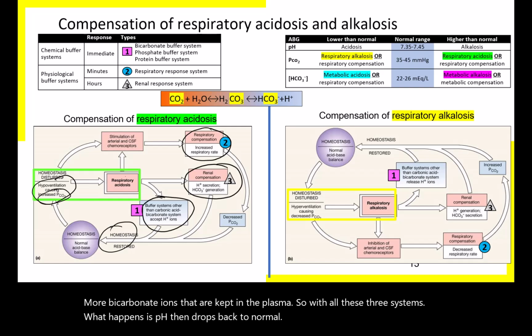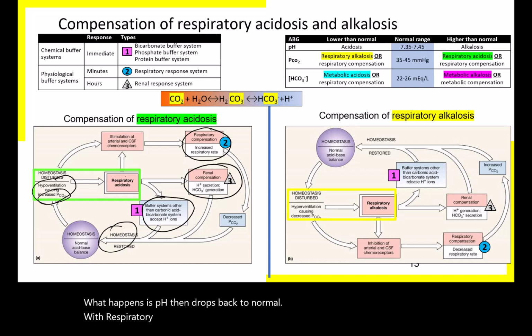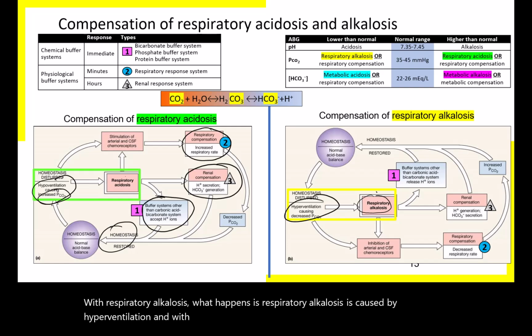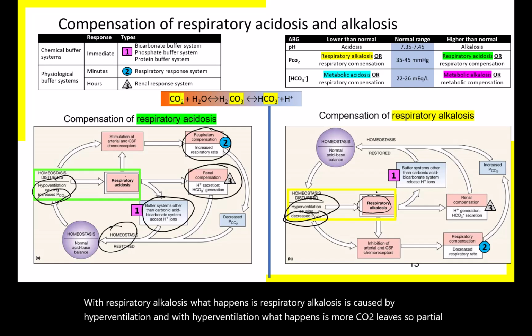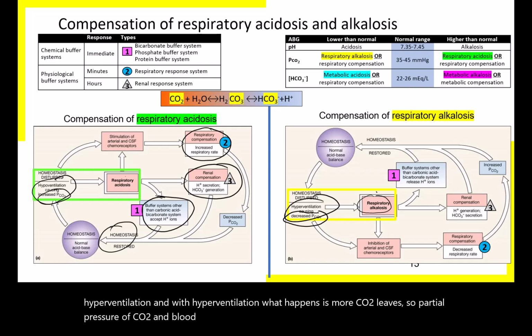With respiratory alkalosis, what happens is respiratory alkalosis is caused by hyperventilation. And with hyperventilation, more CO2 leaves, so partial pressure of CO2 in blood decreases. And when that happens, the chemical buffer system releases more hydrogen ions.